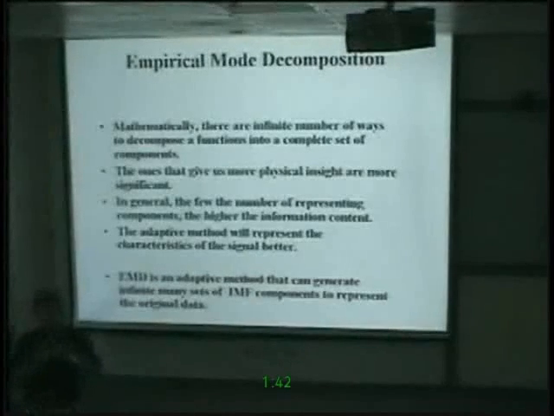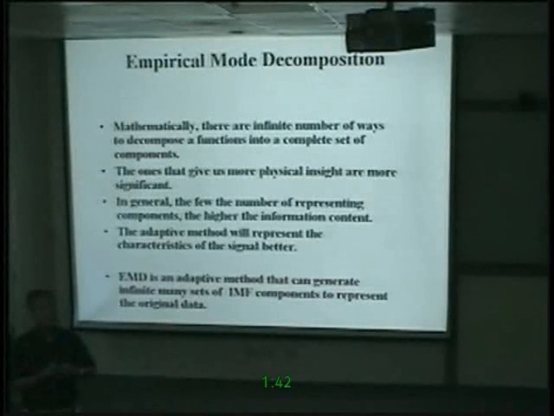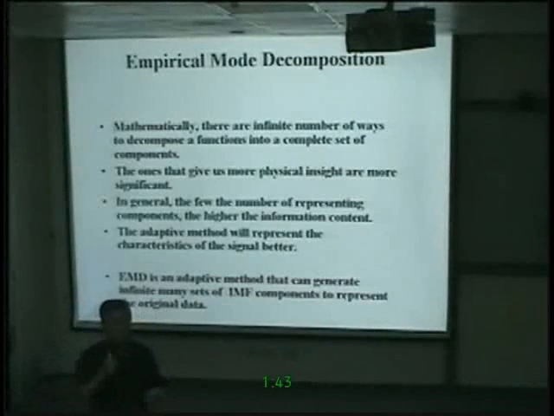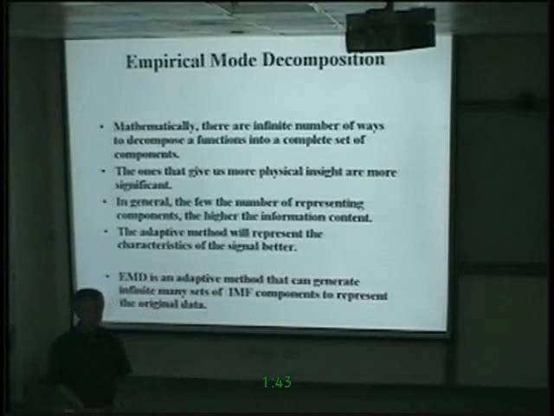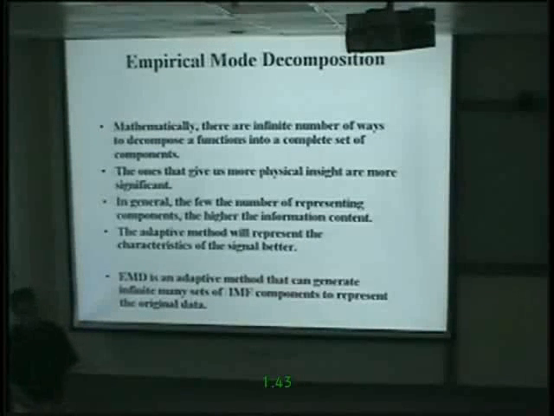If you give 1,000 points to EMD, EMD says log base 2 of n is the maximum number of components you get. Later I will show you our decomposition is actually dyadic. The length scale increases by 2, and it's adaptive. So these are some of the properties.